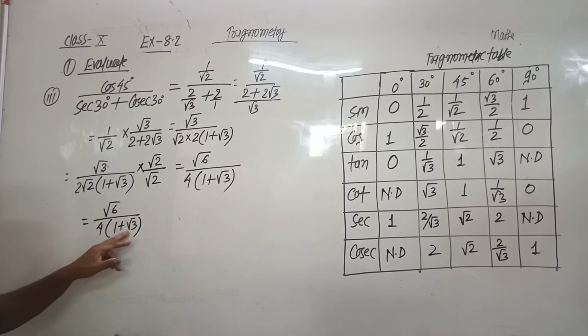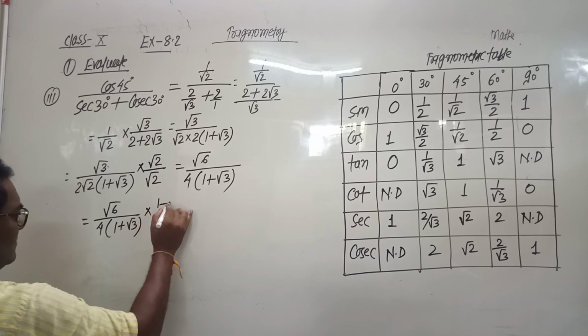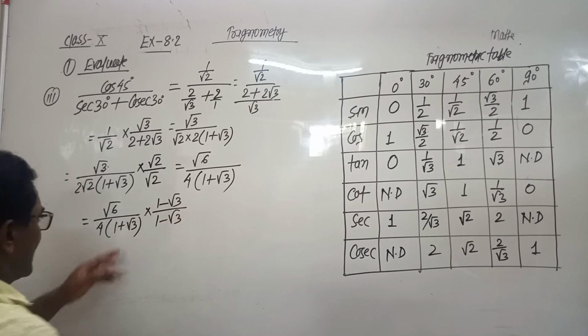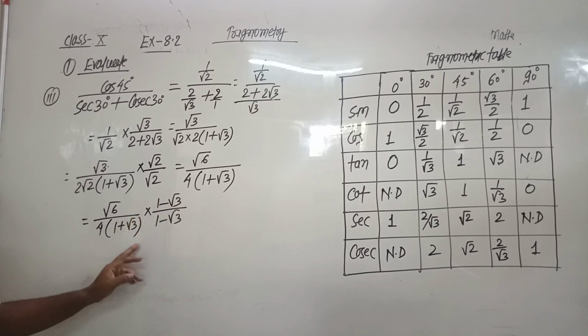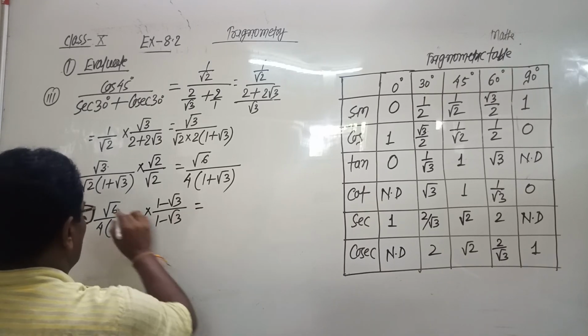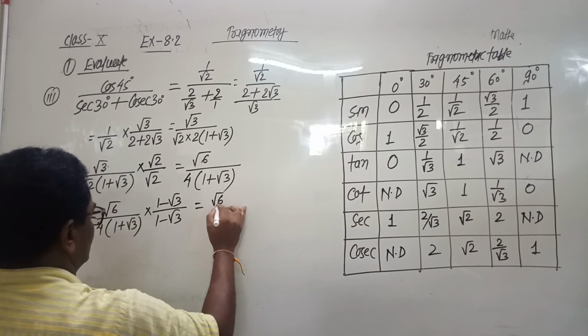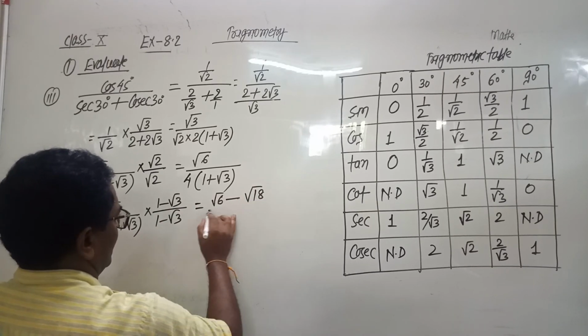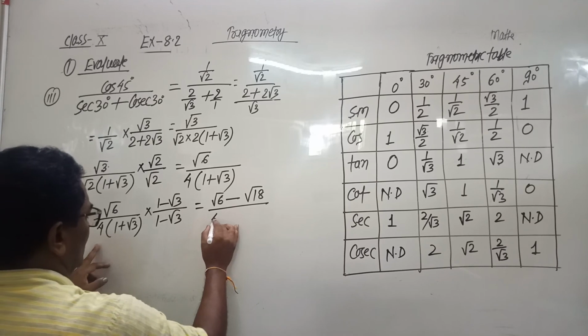It is to be rationalized again by 1 minus root 3. Multiply the numerator and denominator by 1 minus root 3, the opposite sign of 1 plus root 3. So we get root 6 into 1, root 6, minus root 6 into root 3, root 18, upon 4.